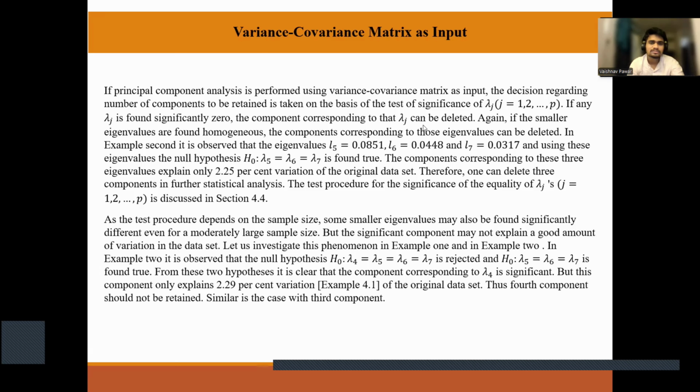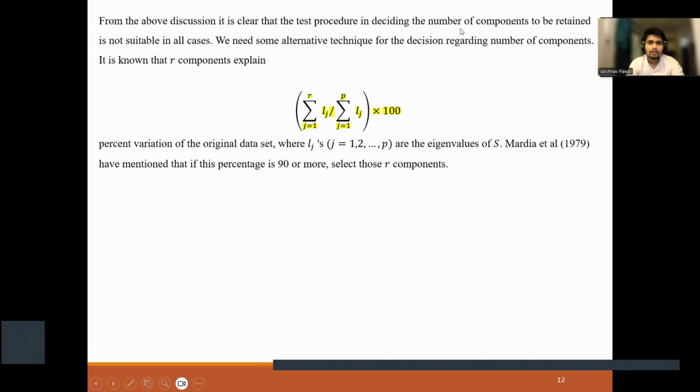Our null hypothesis is also this, and these are the eigenvalues of the components. Now, this is the formula for the total percent of variation explained by the principal components in the original data.